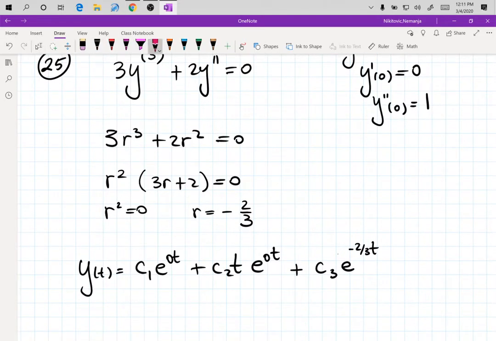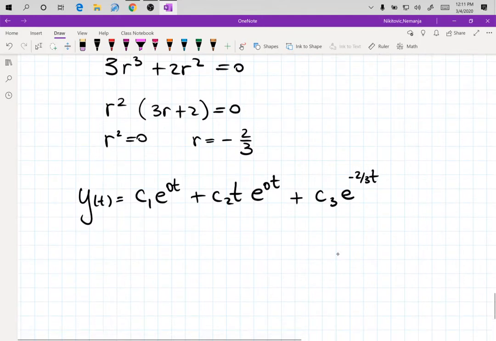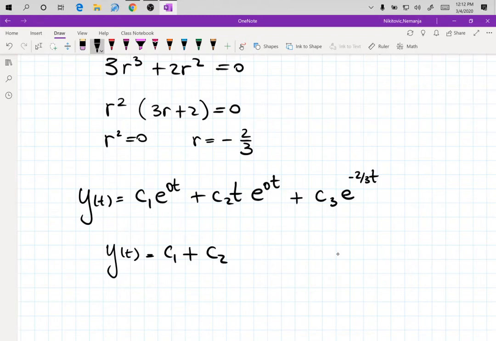This is what we call the general solution. Now we can compute the c's. Oh no, hold on. Don't box that. What is e to the 0t? It's just going to be 1. So c1 plus c2 t plus c3 e to the negative 2/3 t. That's the one that we are boxing.